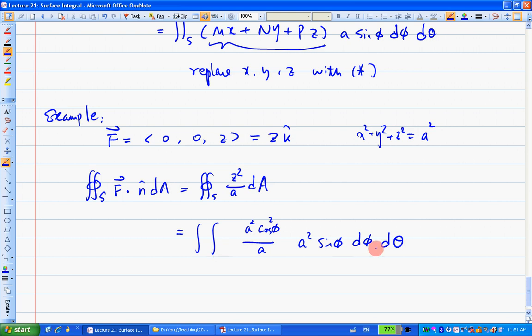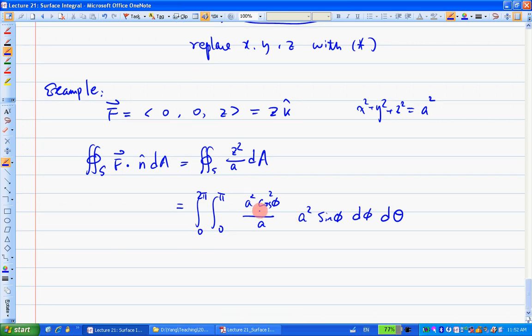And limits for phi and theta, since this is a closed one: phi will be 0 to pi, and theta will be 0 to 2 pi. So that's not a bad integral here. There is just one little trick substitution you need to do.